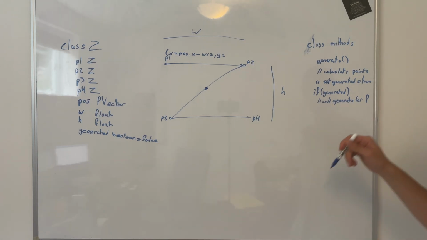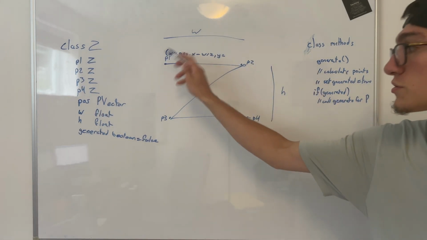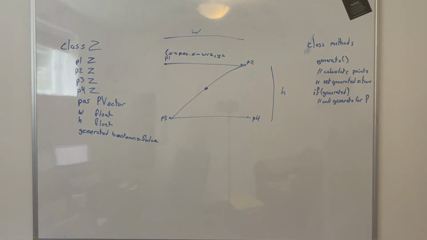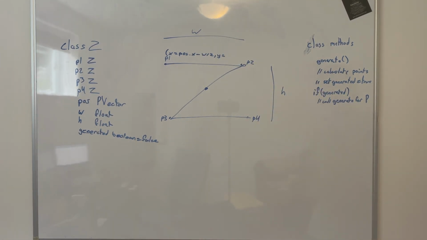But the issue is that whenever I generate, there's going to be new points over here, new points over here, new points over here. So eventually I only want to get all of the points from the first Z I create.